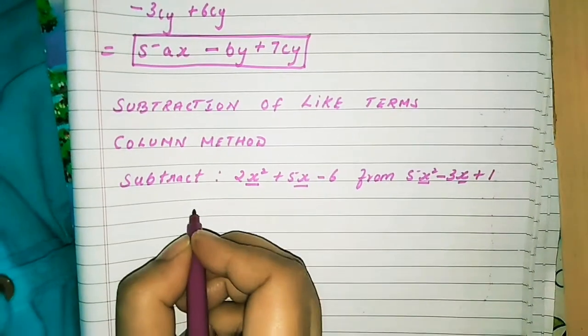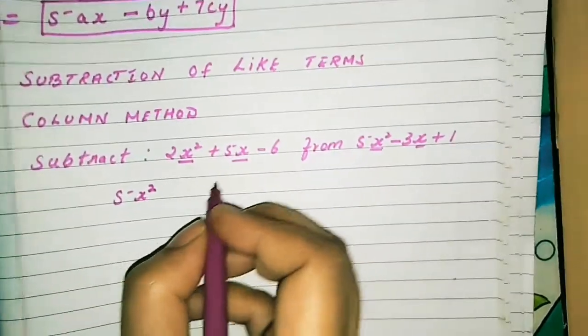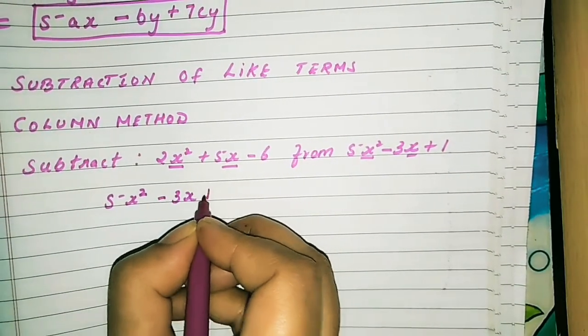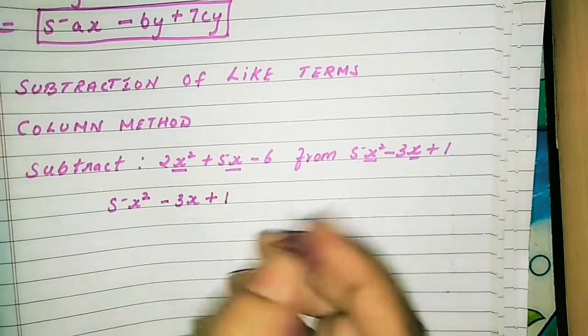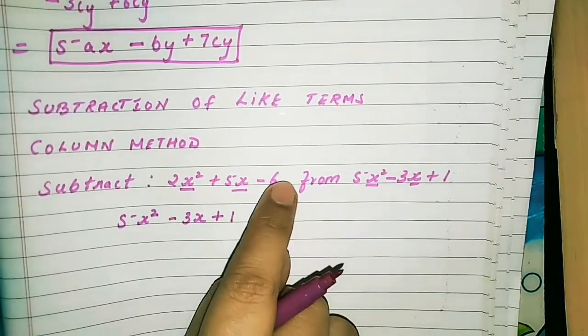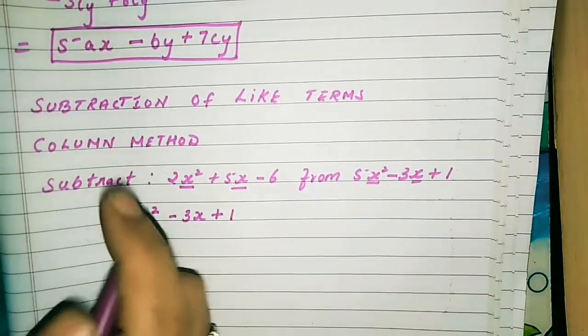So it's 5x square minus 3x plus 1. I've taken the expression. Now I have to take care of the second expression.